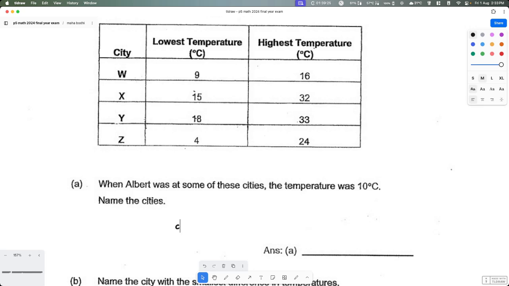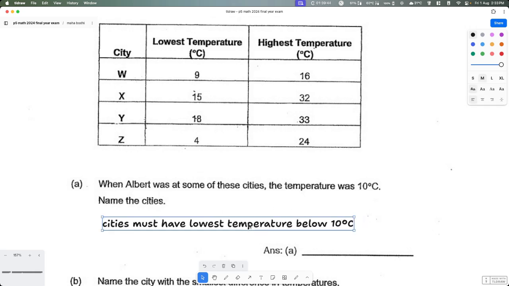So basically the cities must have a lowest temperature that is below 10 degrees Celsius. Yeah, degrees Celsius. So the cities must have the lowest below 10, which in this case is city W and Z. So that's the answer, city W and Z. Okay, over here. All right.